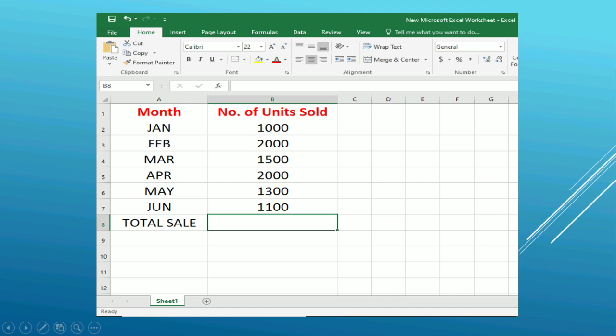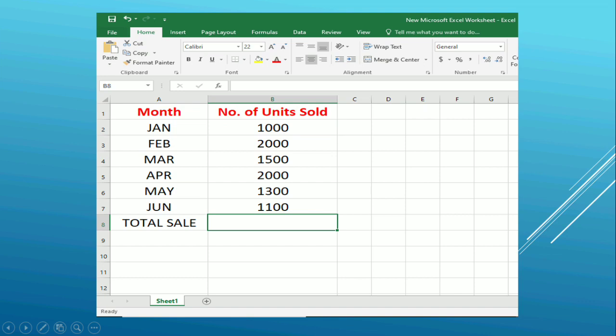Similarly in June 1100 units sold. So what we need to find out is the total number of units sold from January to June.